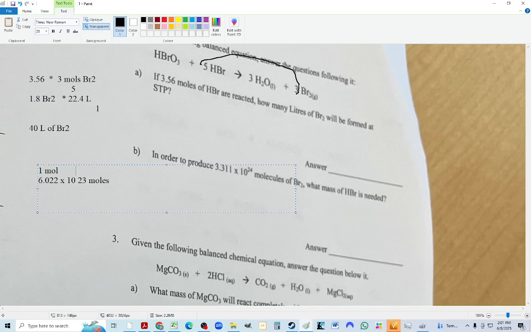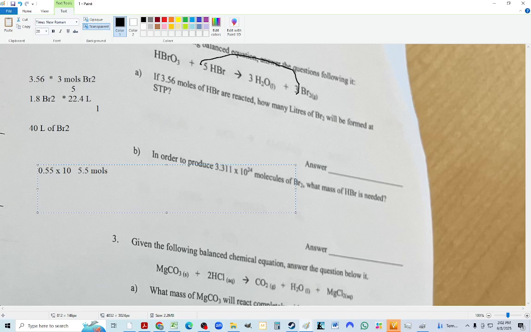And if I multiply that by 3.311 times 10 to the 24, the 10s to the 24 cancel with the 10s to the 23, and I'm left with just 10. And this is roughly half. So you get 0.5, a little bit more than 0.5, 0.55 times 10, which ends up being 5.5 moles.